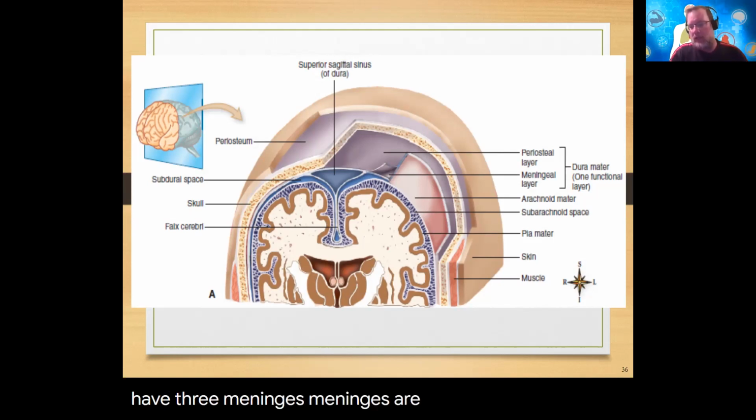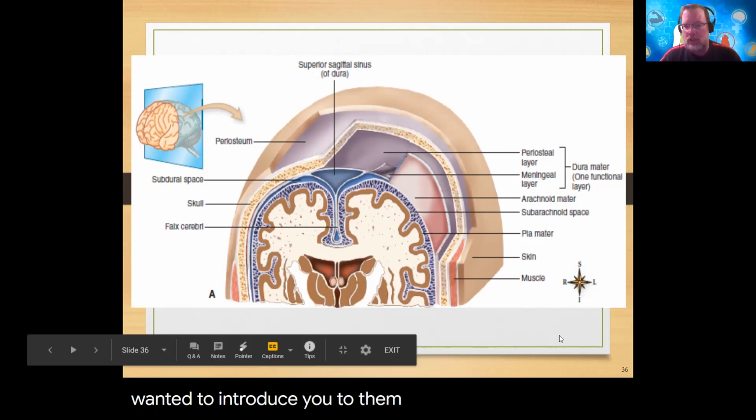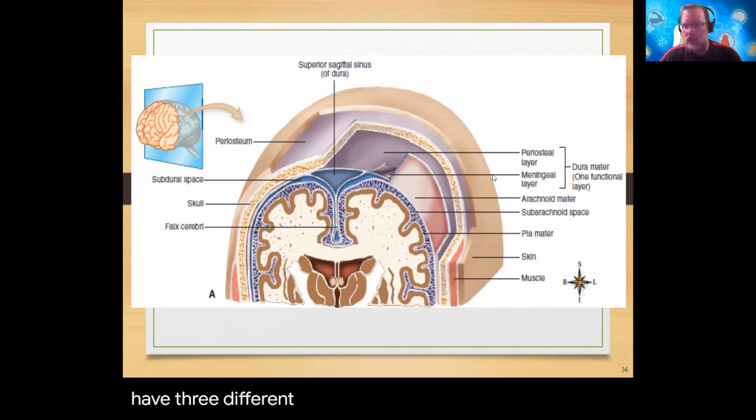Meninges are special layers of tissue that, in essence, help to support the brain and spinal cord. But we also will see the spaces between these meninges where fluid passes through. So I just wanted to introduce you to the meninges briefly. We do have three different meninges. We'll start at the deepest one.